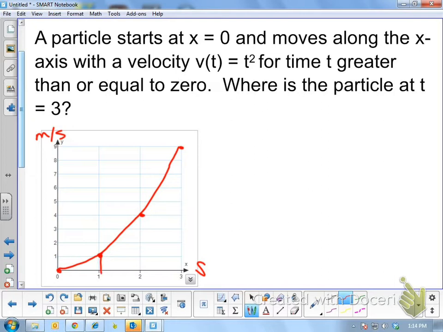So if I split it into 3, it's not necessarily going to give me a great approximation. And we can find the area of each rectangle.